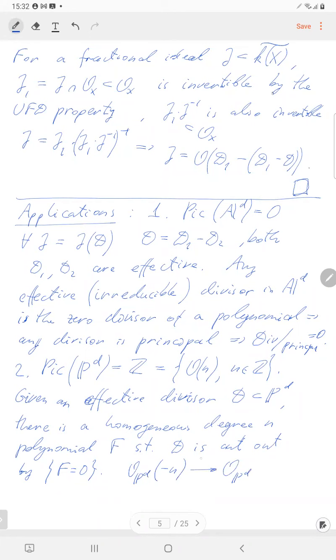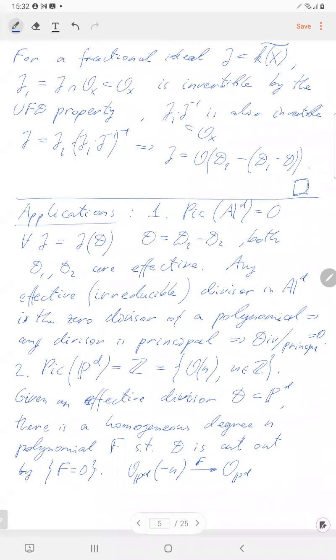And this morphism is just multiplication by F. Because locally you consider some homogeneous functions of some degrees, and multiplication by F raises degree by n exactly. So it makes sense.